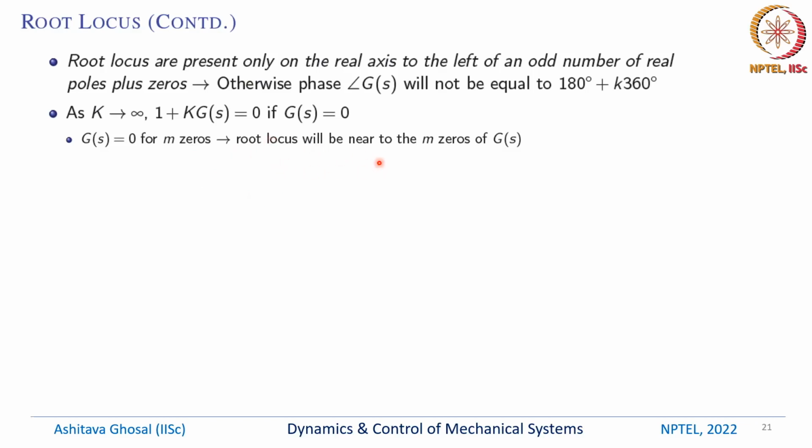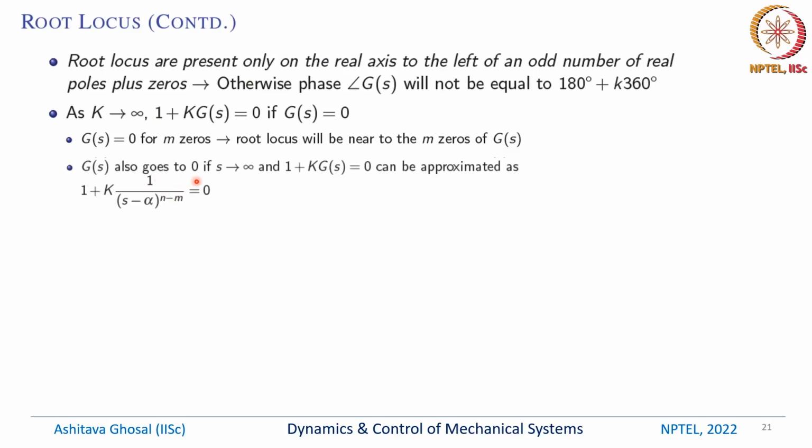So the root locus will approach the m zeros of G(s). Is that clear? Yes, because when G(s) is 0, then 1 plus K G(s) will be 0 as k tends to infinity.